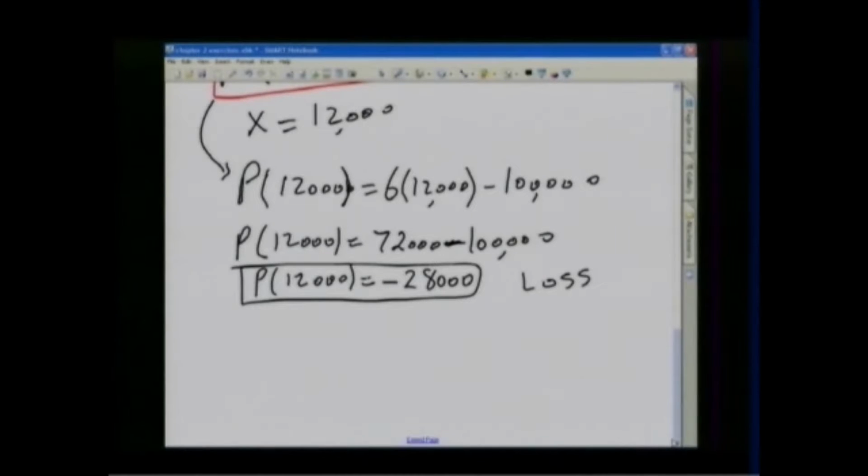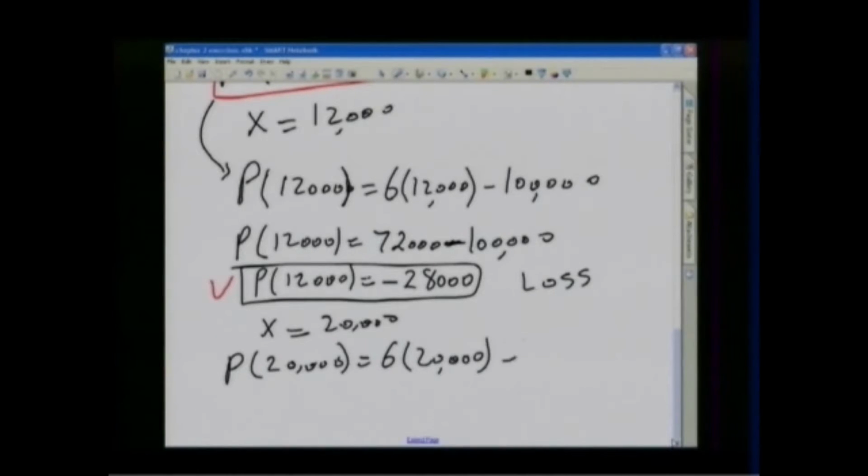Now you calculate it when X is equal to 20,000. So evaluate the profit function at 20,000. So you say P of 20,000 is equal to 6 times 20,000 minus 100,000.